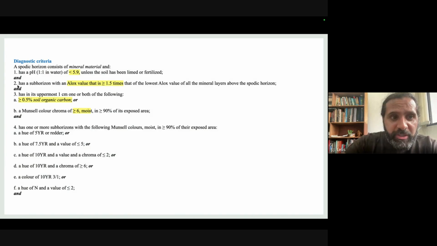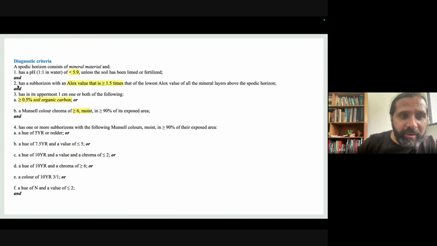So the pH must be acidic, must be low, or at least lower than 5.9, unless the soil was affected by humans. For example, if we added some lime or if the soil was fertilized, okay?